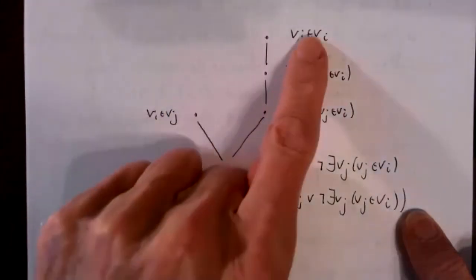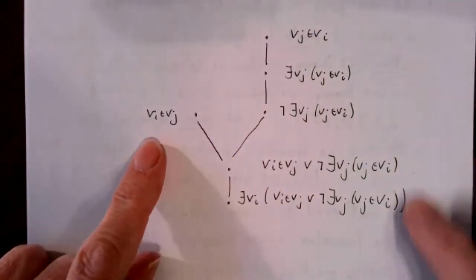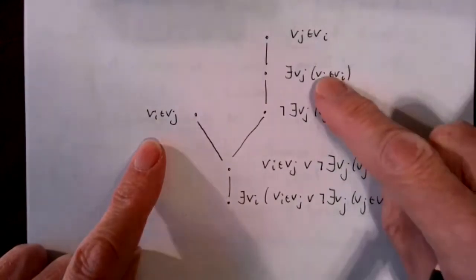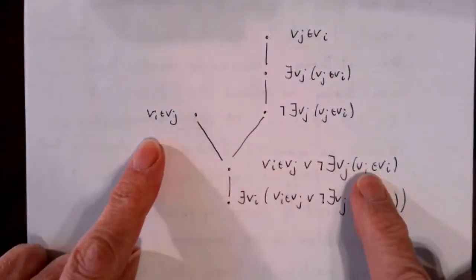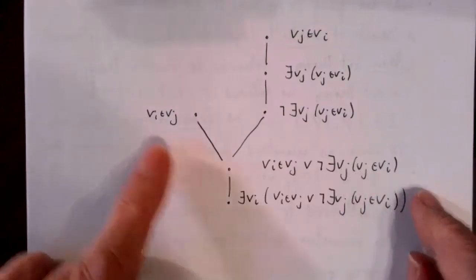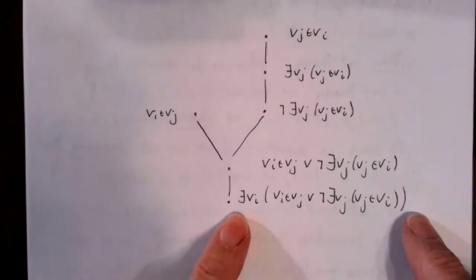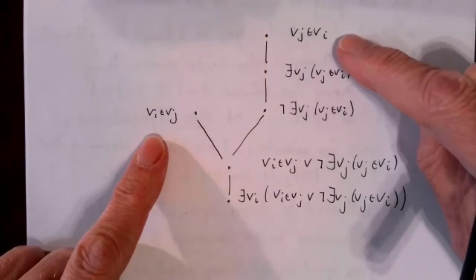And it's built up from atomics, kind of the leaves of the tree here, by a process of adding on quantifiers, negation symbols, or taking a disjunction of two formulae, which is where the tree branches. So I can sort of analyze this formula here into this tree with these two atomics that's in it.